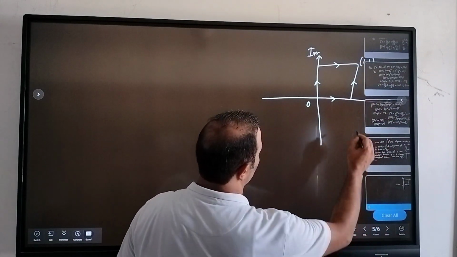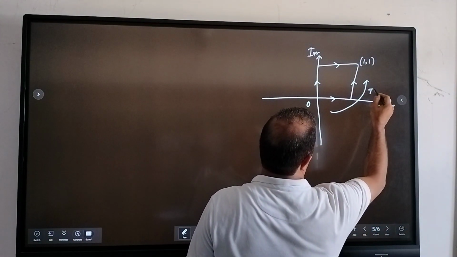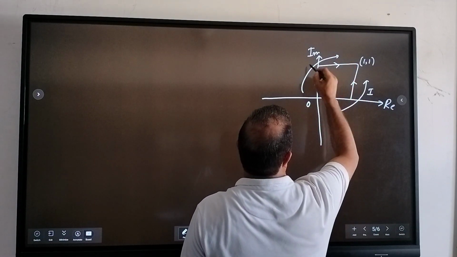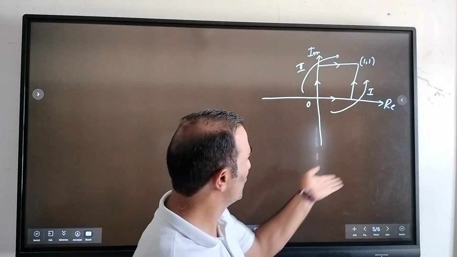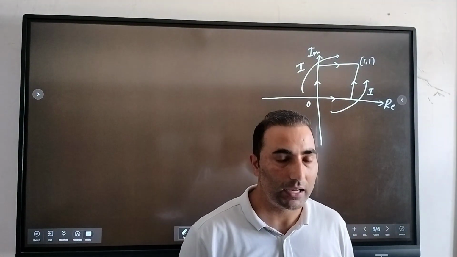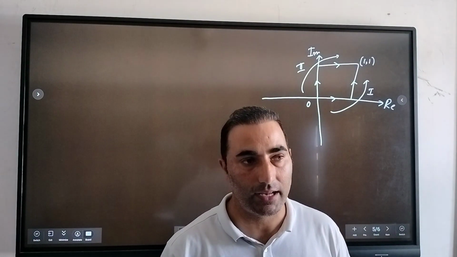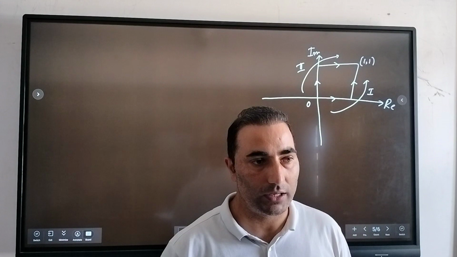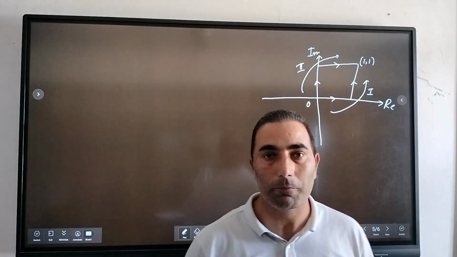We can choose path number one, and this is path number two. So we can go either way, this way or that way. But if you remember, the second statement of the Cauchy integral theorem is that if we can calculate the integral from this point to that point, the integral is independent of the paths.